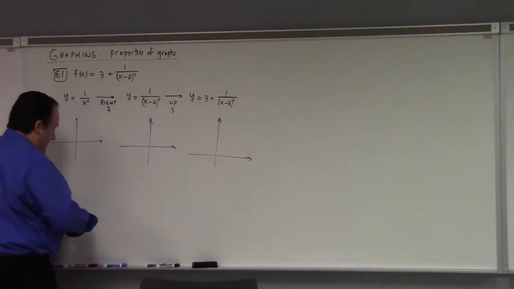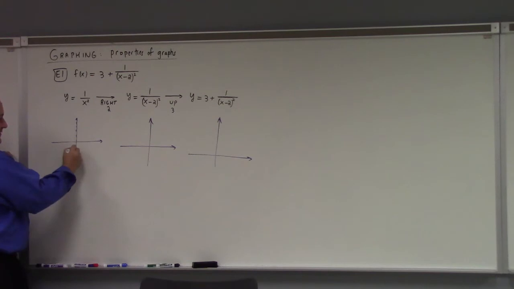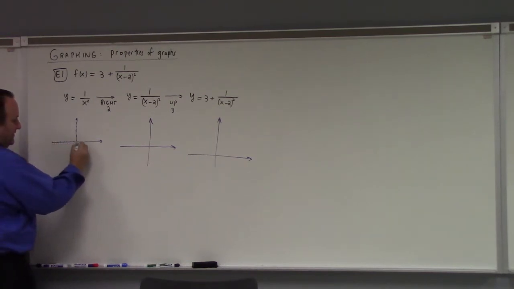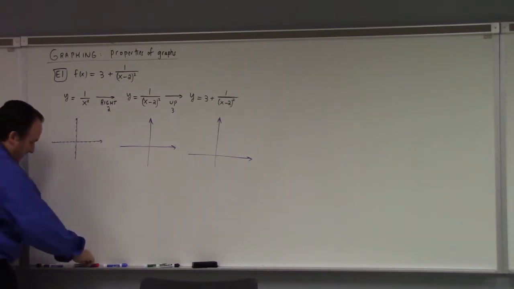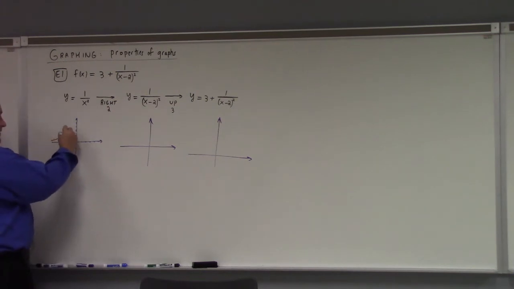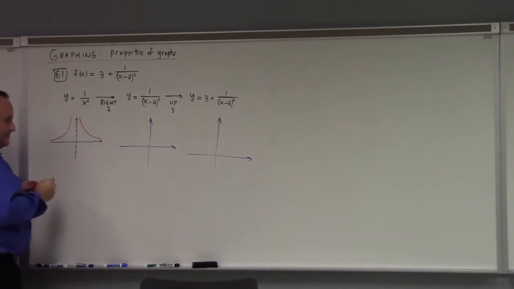To start with, we start with the volcano graph. It's got a vertical asymptote of x equals 0 and a horizontal asymptote of y equals 0, and it looks like this. It's on our standard example sheet.